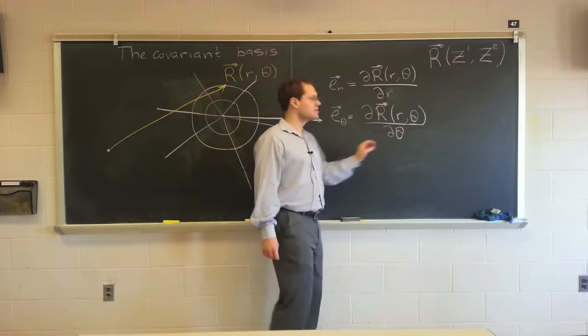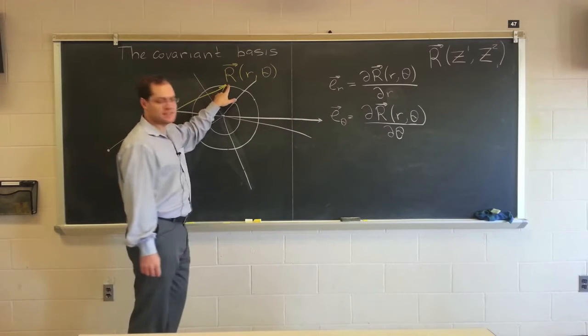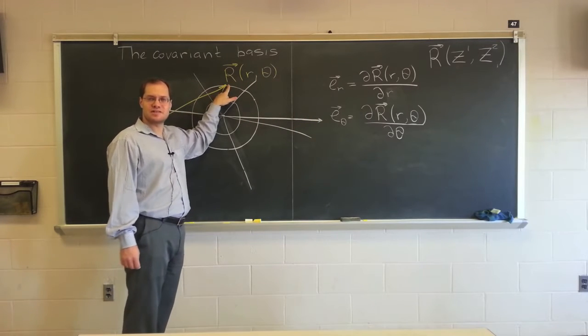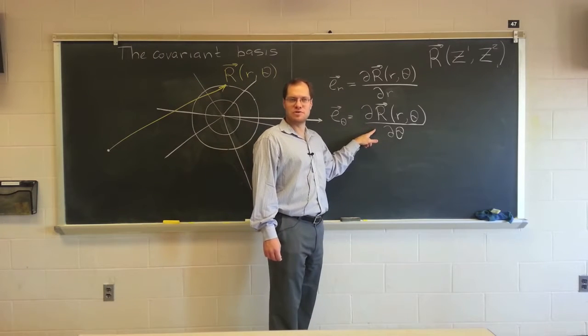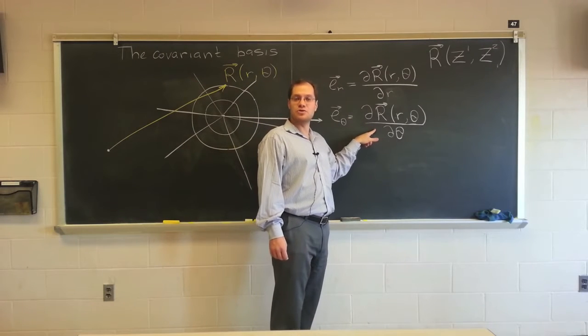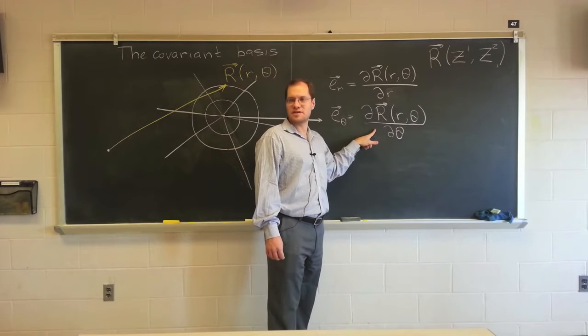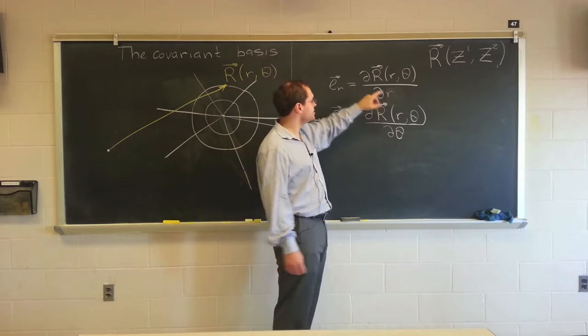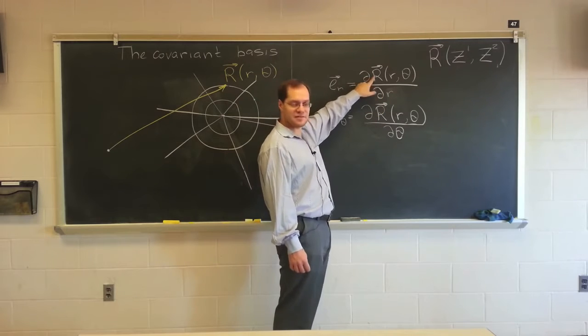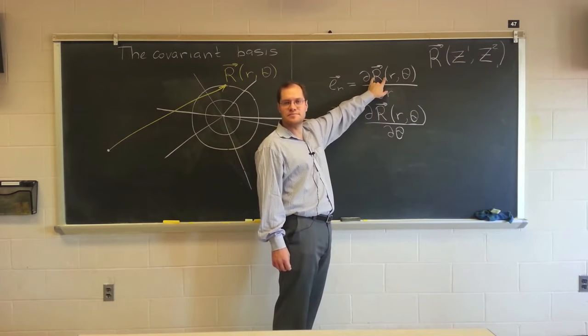And that rule is refer the position vector to the coordinate system and evaluate the two, or however many, partial derivatives. And those are your coordinate vectors. That's your covariant basis.